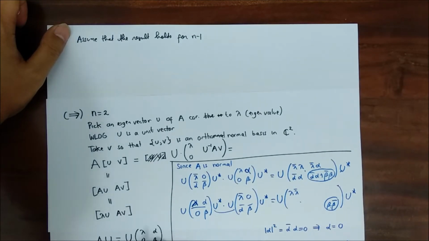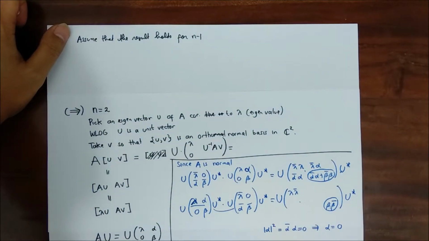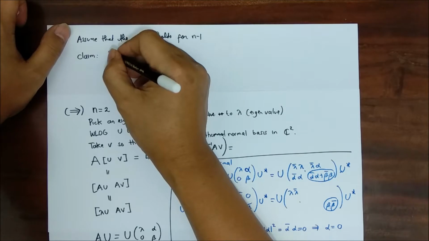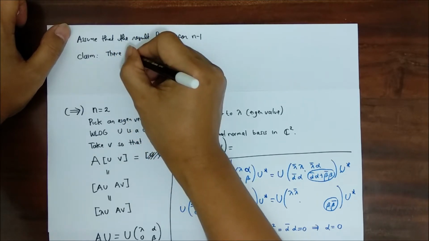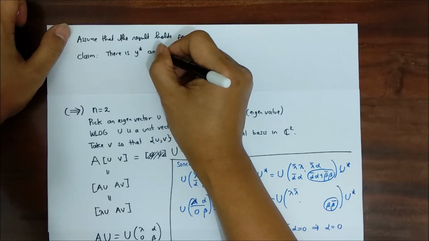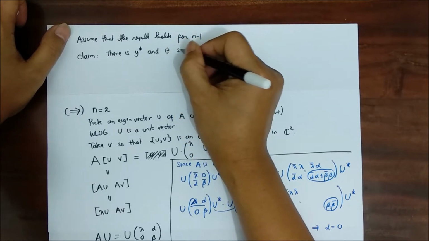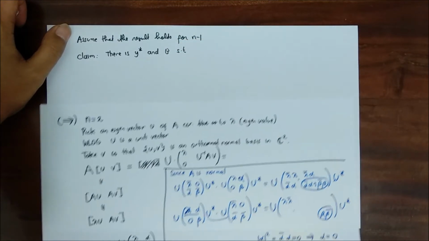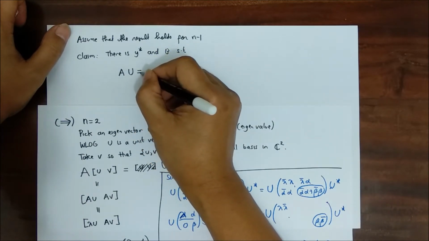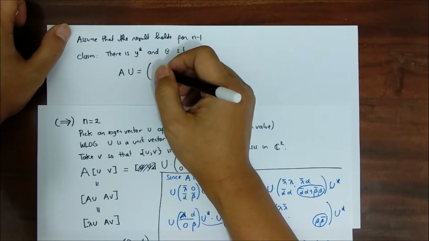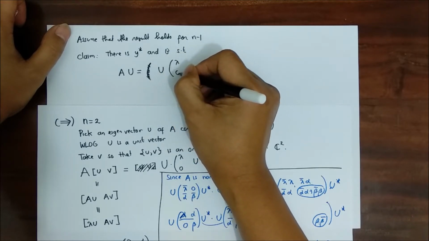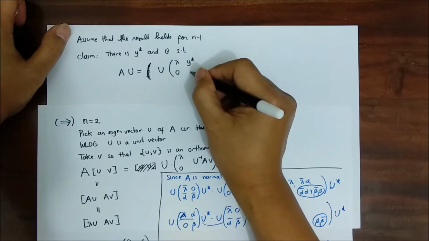Okay. So now we're going to repeat the argument. We claim that there is y star and B such that A times U is equal to U times the matrix (lambda, y bar; 0, B).